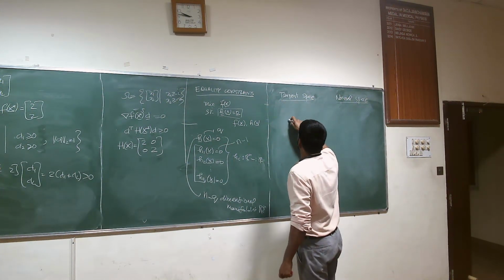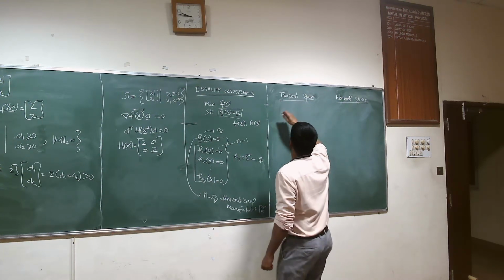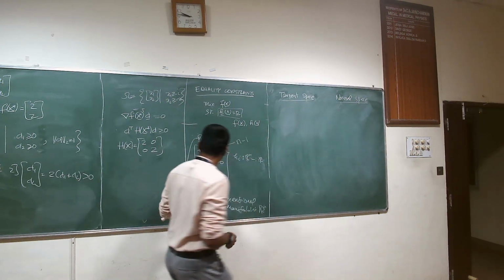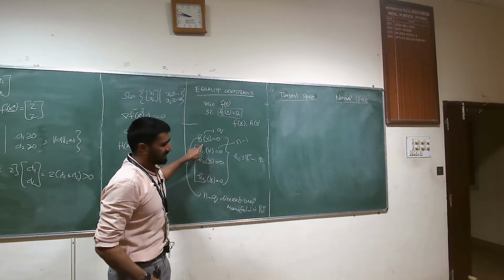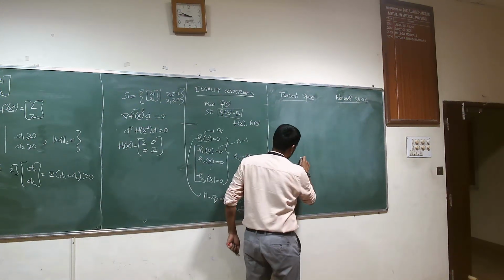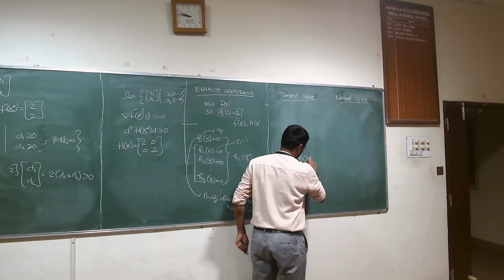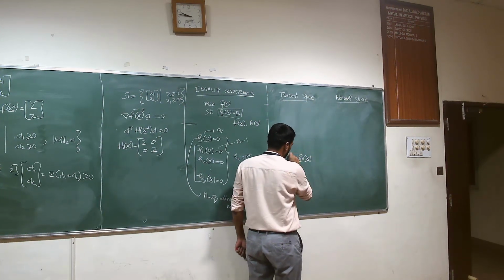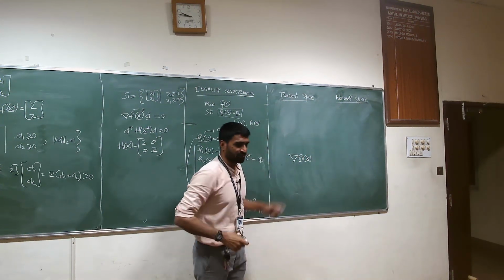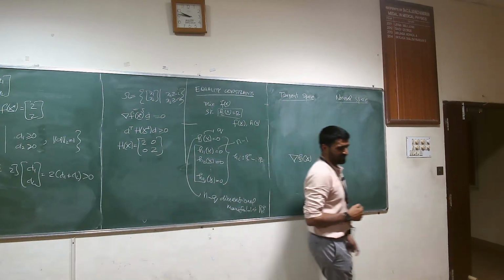Now, I'll simply define this to start with. You have h of x. Even before that, if you take the gradient of this, what would you get?